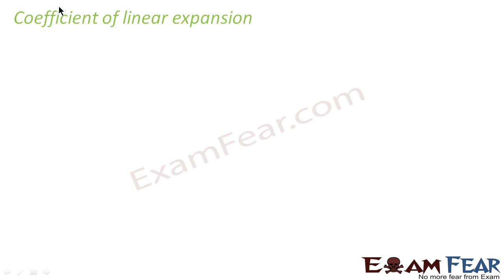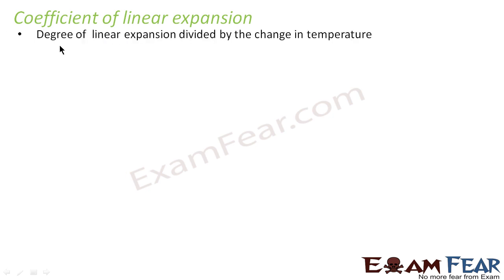But how is the length of the rod increasing with temperature? How will I know that? How the length is increasing with temperature is determined by the coefficient of linear expansion. So, coefficient of linear expansion is basically degree of linear expansion divided by the change in temperature. That means how much that particular object expanded or increased in length with respect to temperature.